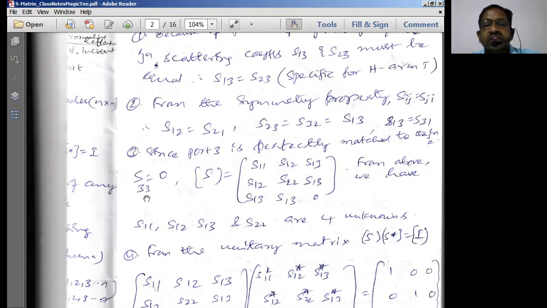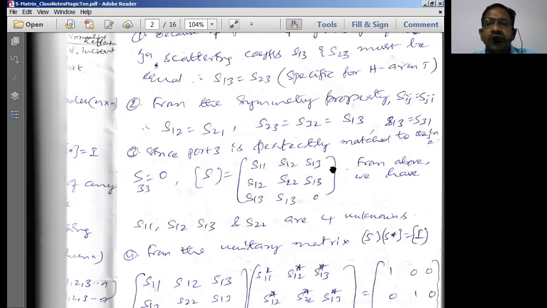This is known as a reflected wave, and the reflected wave should be equal to 0. In the equation for the S matrix, it is the reflected wave by the incident wave. So if the reflected wave is 0, then 0 by something is always going to be 0. And therefore the S33 value is going to become 0 for a perfectly matched component. So I can make S33 equal to 0.